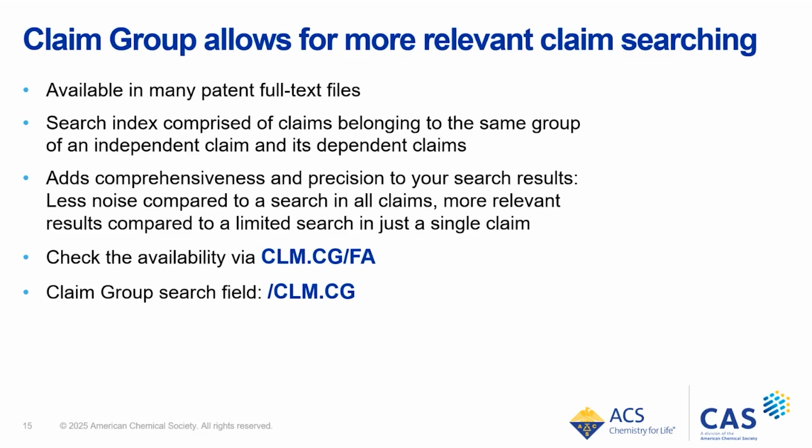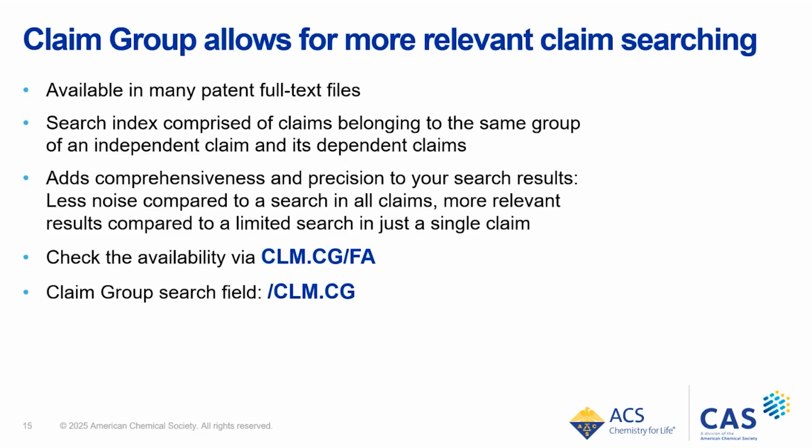That's really useful rather than searching across all of the claims. Like if we just search /CLM, that searches across all claims in the document, and of course we know there can be many. And if we're searching for multiple concepts and trying to link them, it's useful to be able to do so within that claim group, because it's going to add a level of precision to our search results. It's going to eliminate some of that noise that we would get by searching in all claims.